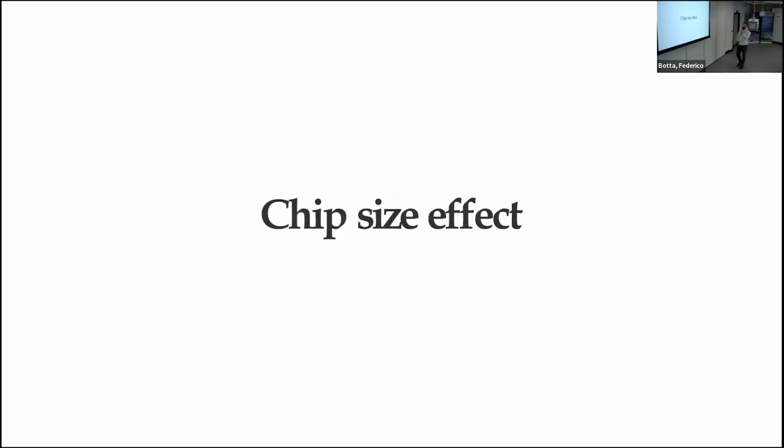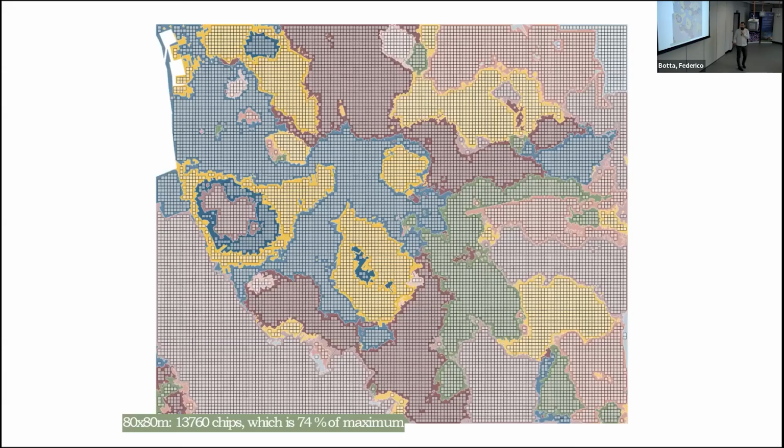And probably the most important one, or one of the most important ones, is the chip size effect. Because as soon as you try to turn kind of geographical problem into neural network problem, you have to sample the Sentinel-2. And this is the illustration of sampling the so-called chips, which is the square portion of the Sentinel-2 over a Liverpool area.